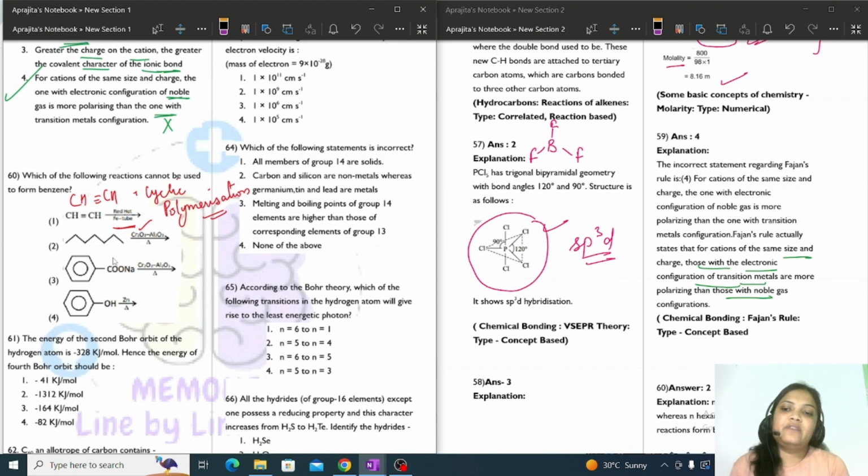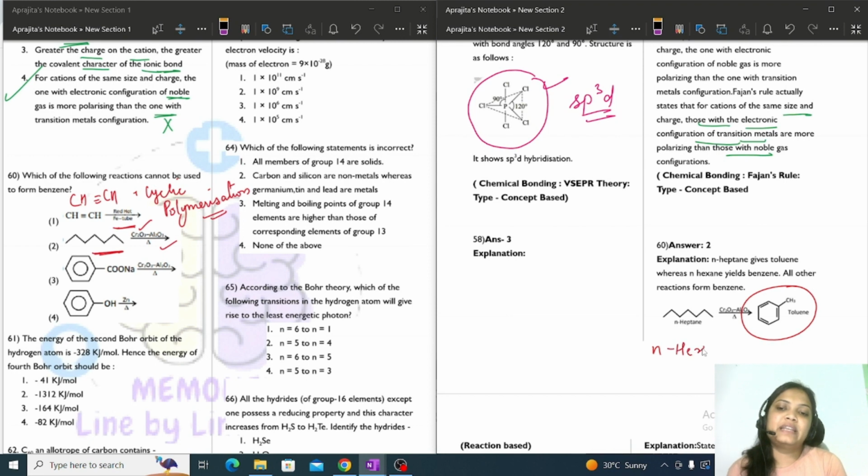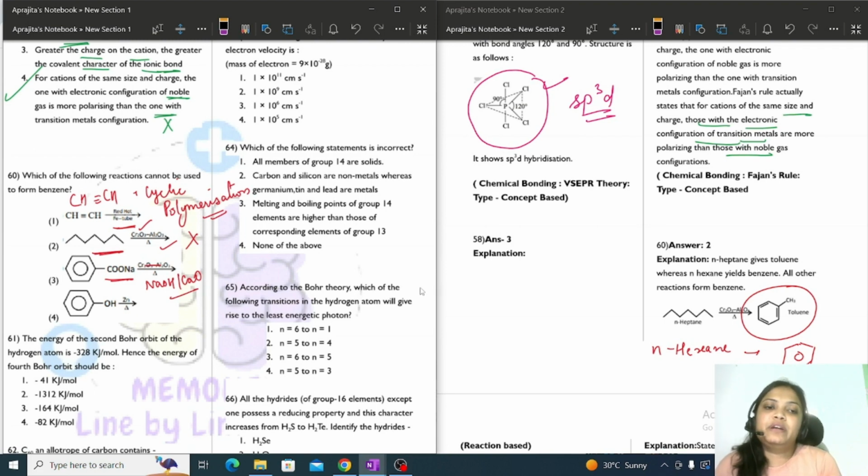Now here we have n-heptane. n-Heptane in the presence of chromic oxide will give us toluene. If it would have been n-hexane, then it would have given us benzene. So this is definitely not giving us benzene. Now sodium benzoate, in the presence of NaOH and CaO, calcium oxide, undergoes decarboxylation and we will get benzene.